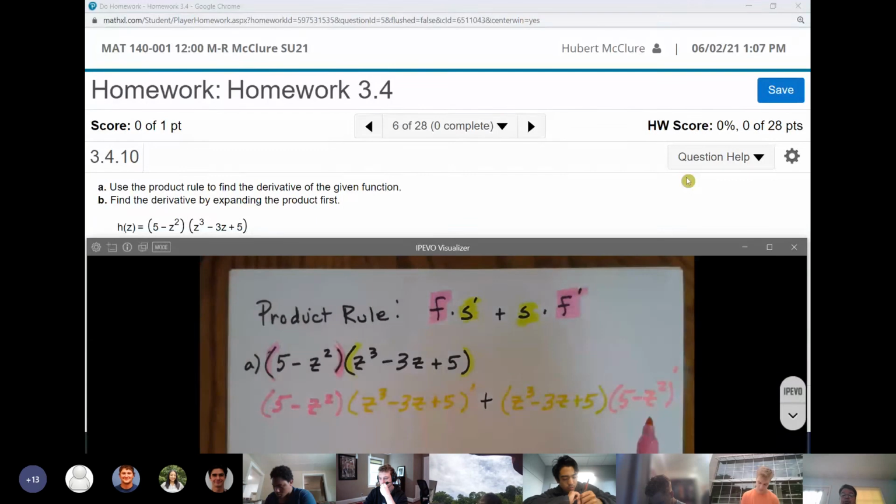Those little marks are telling me that I have to take the derivative of this one and the derivative of this one. And that is the product rule.